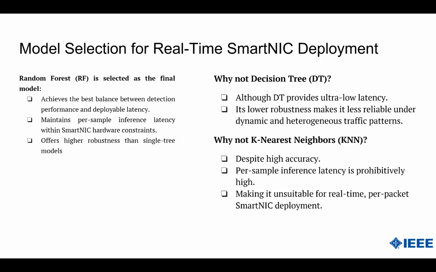Although the decision tree provides ultra-low latency, its lower robustness makes it less reliable under dynamic and heterogeneous traffic patterns. Why not KNN? Despite higher accuracy, per-sample inference latency is prohibitively high, making it unsuitable for real-time per-packet SmartNIC deployment. RF is the best fit for SmartNIC constraints.